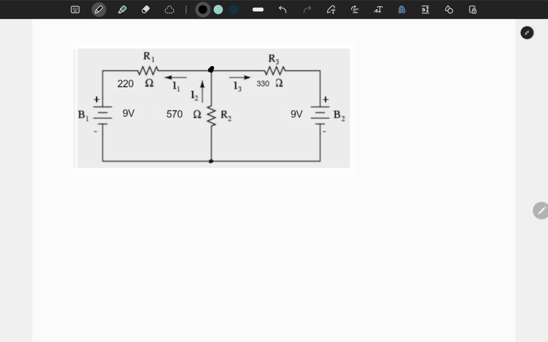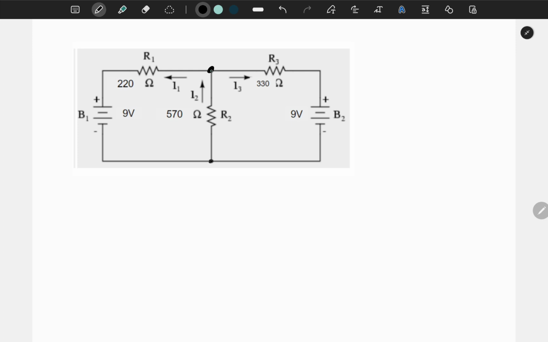However, I think another good way to think of it is that it is all one single wire, all one single connection. R1, R2, and R3 are all connected by this middle area here. That is all one node, one junction.